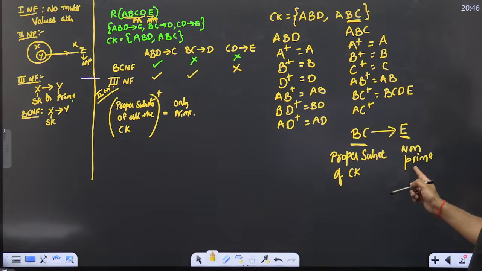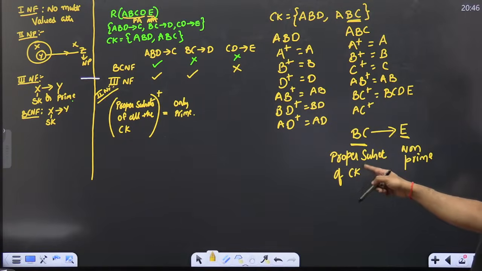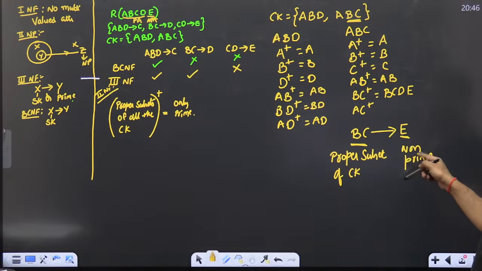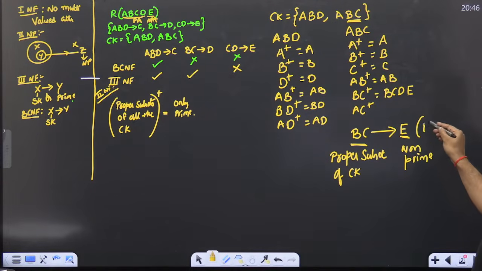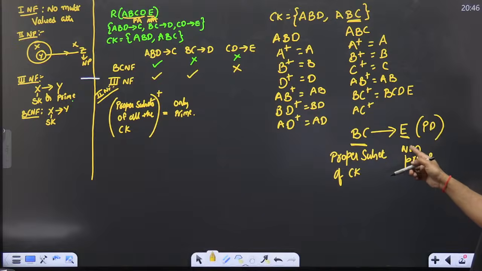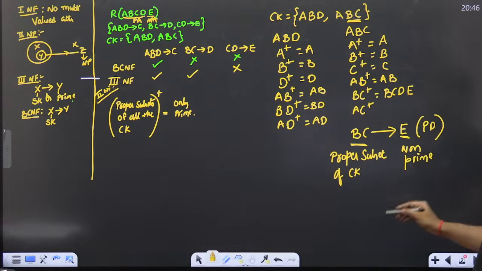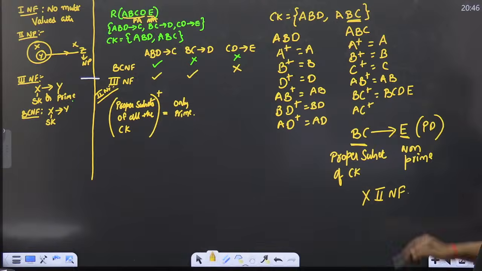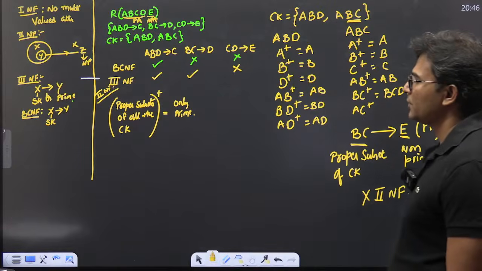If it is a proper subset of the candidate key and it is deriving a non-prime attribute, then we can say it is a partial dependency. Therefore we have got the partial dependency, and therefore this is not in second normal form.